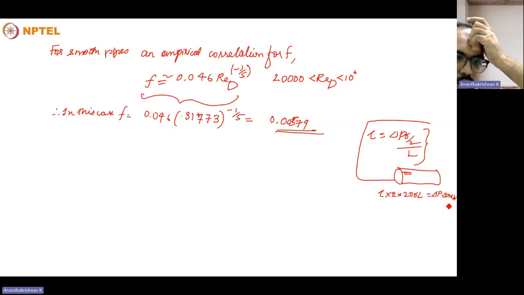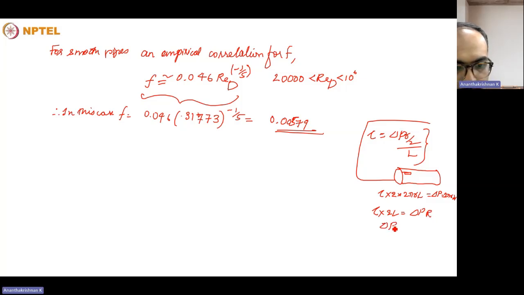So what we can do is integrate it with respect to r. The 2 pi r L term will get cancelled out on both sides, and then only dr remains, so tau into 2L is equal to delta P, as 2 pi gets cancelled out. The integral of dr from 0 to outer r will be r.